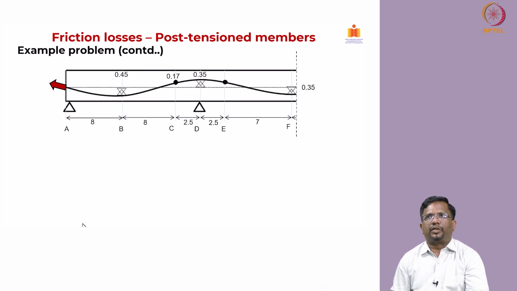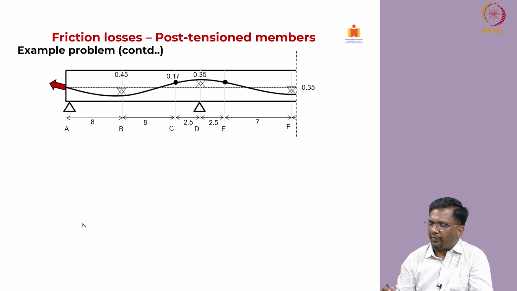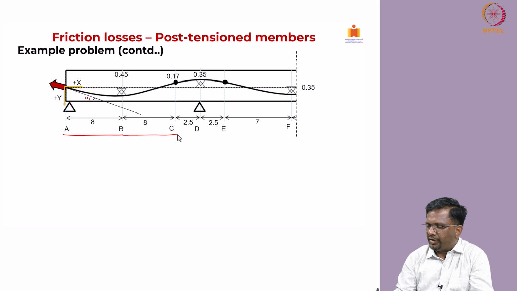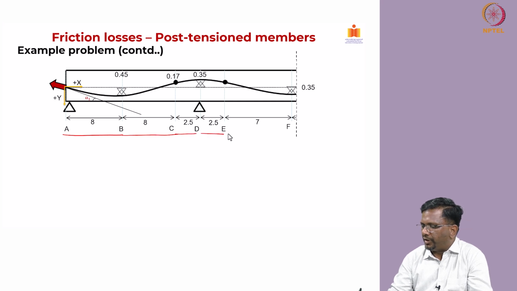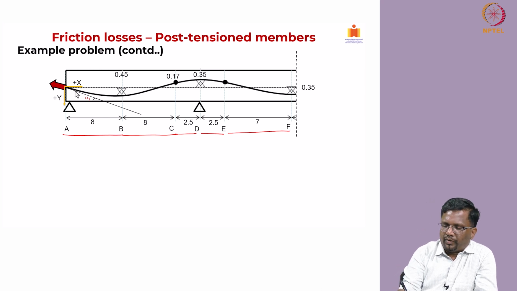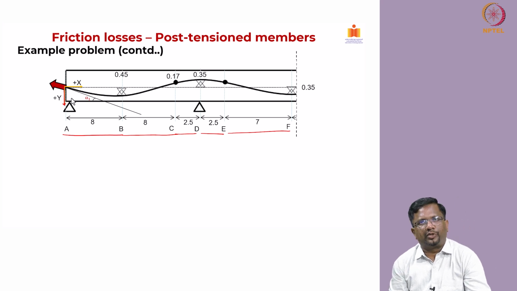Now, this is the geometry again of the beam, with the cable profile like this, and we are going to convert it into segments from A to B, B to C, C to D, D to E, and E to F. X moving towards right is considered positive, Y moving downward is considered positive.